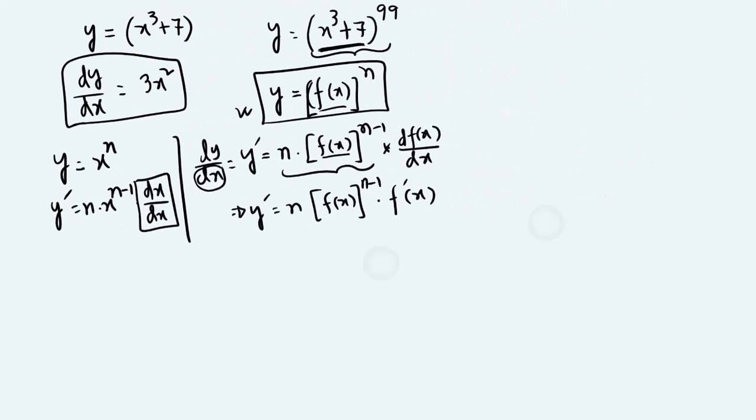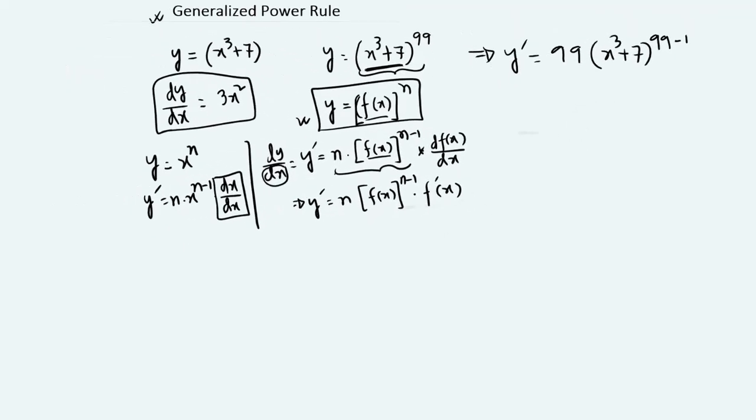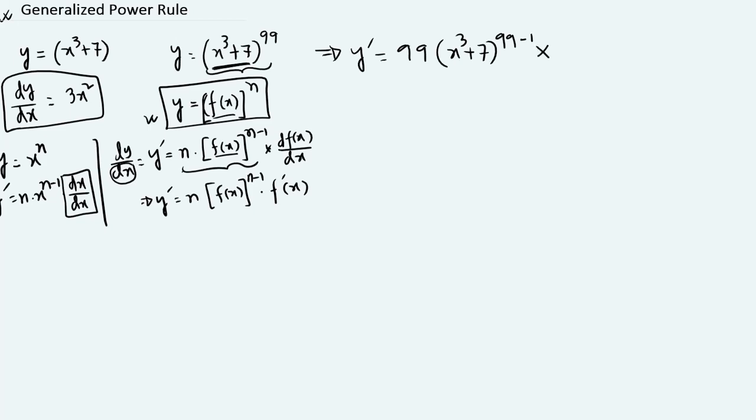So now let's consider one example. Maybe we can consider the one that I have already written here. The derivative of this term should be 99 times (x cubed plus 7) to the power 99 minus 1, just like here, n f(x) to the power n minus 1, times the derivative of the within-bracket term, which is x cubed plus 7.